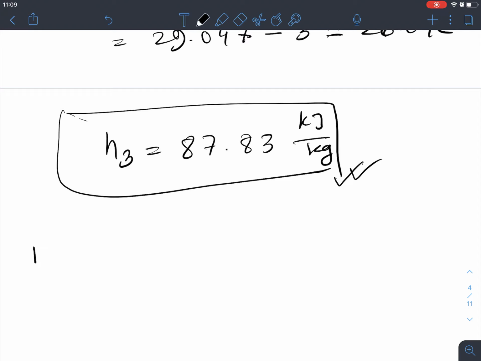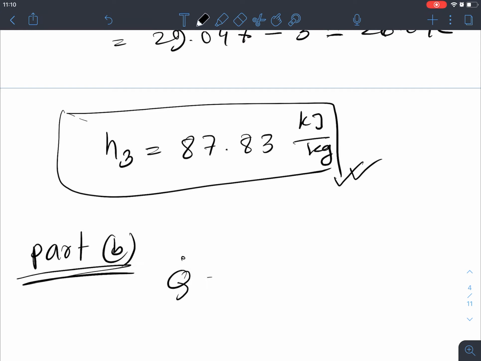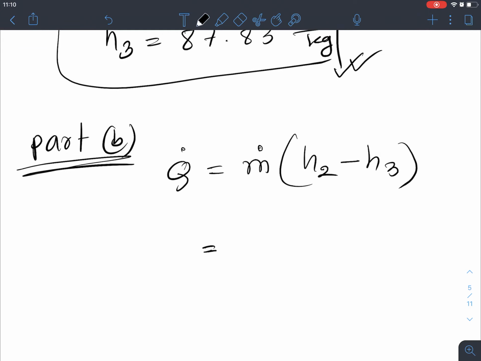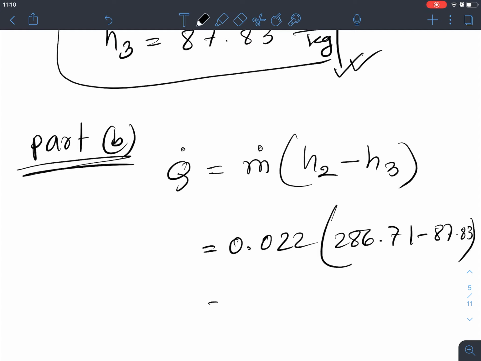So now we know H3. Part B is asking us for the heating load. The heating load equals mass flow times H2 minus H3, because the enthalpy at point 2 is higher. The mass flow is 0.022 kg per second, times H2, 286.71, minus 87.83.